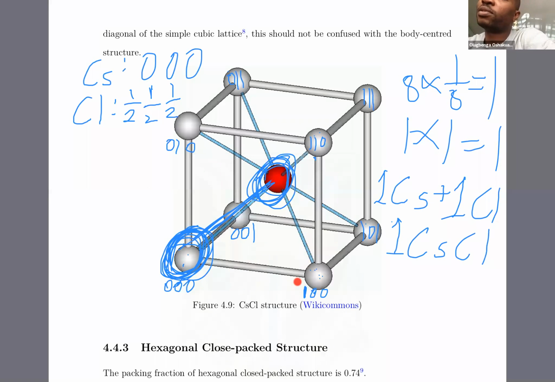Another alternative is experimental data. When you have done experiments like X-ray diffraction, those can also give information about the nature of the structure of the compound you want to investigate. But for now, we are just limiting ourselves to some common ones.